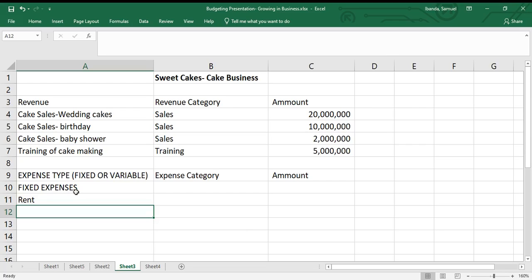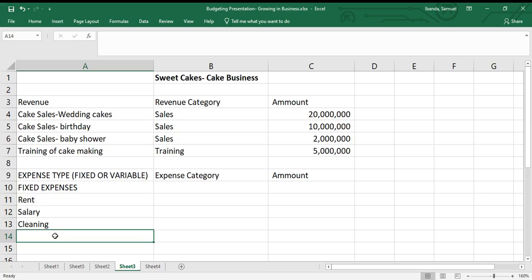It could also be salaries. Maybe you have a fixed number of people that you pay an amount of money, salaries, including yourself, like we said. One of the other things you could also have in your fixed expenses is maybe cleaning. You could have a cleaning expense.